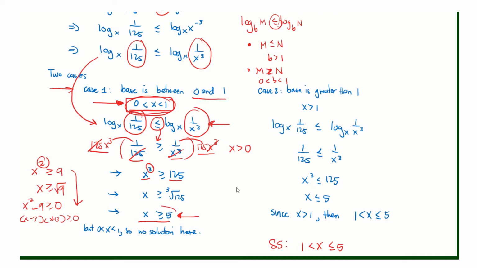So this is not part of 0 to 1, so this is like an extraneous solution. Seems to be a solution, but because there is a condition that restricts the x, we cannot accept x greater than or equal to 5. Okay, so x is between 0 and 1, no solution here. So our hope is in the case number 2.